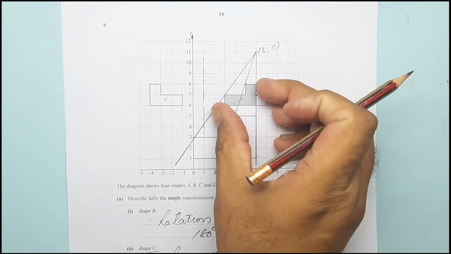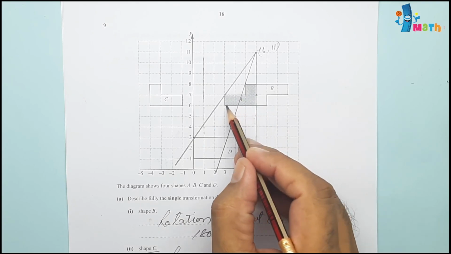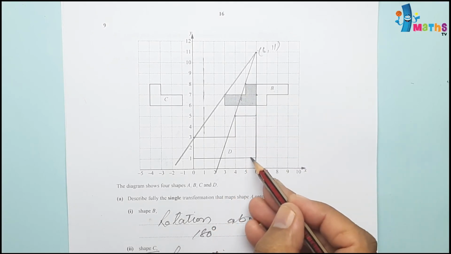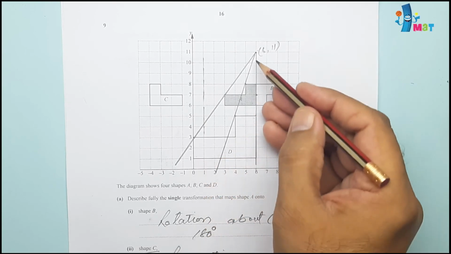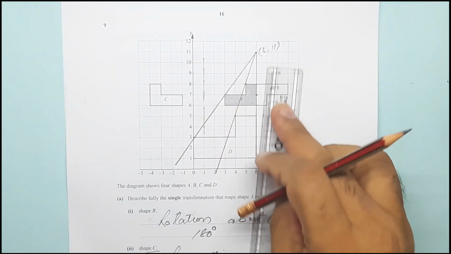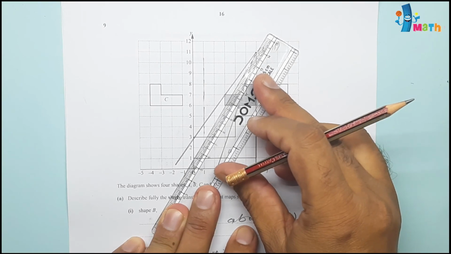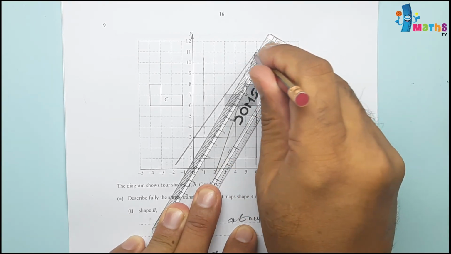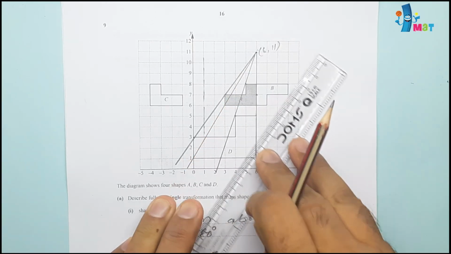So this is basically an enlargement, and the factor is how much? If we check this length, 1, 2, 3 units, and this is 1, 2, 3, 4, 5, 6 units. So this is like double. We can draw another line by joining these 2 points also. I will draw that line as well so that you can understand properly. So we can start from here and join these two.